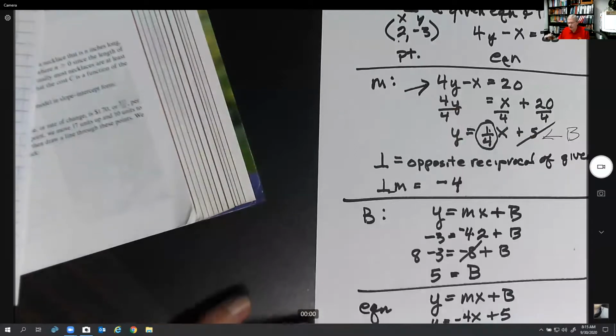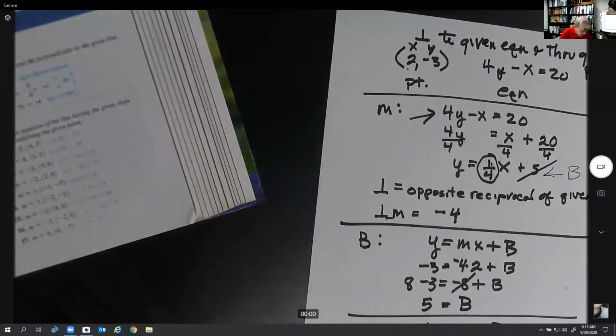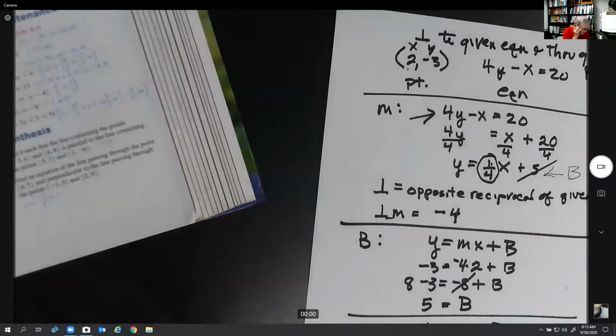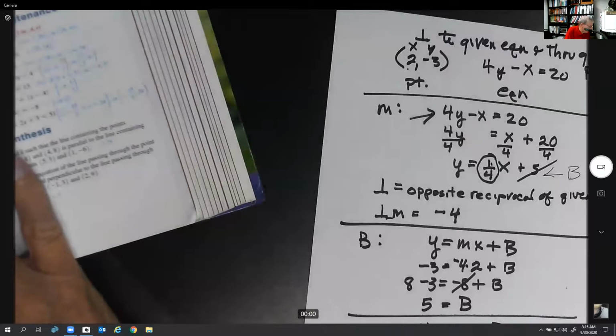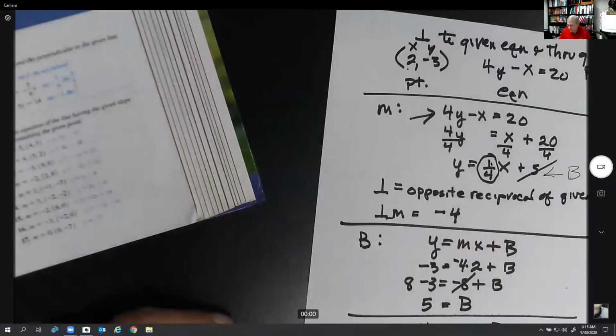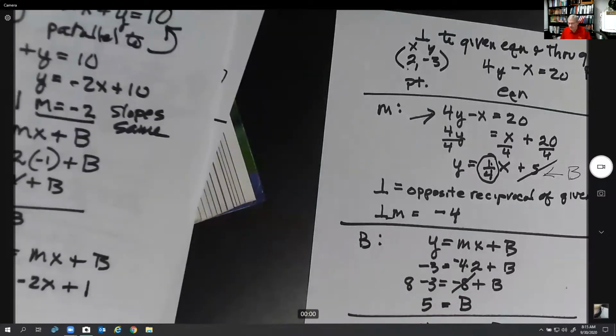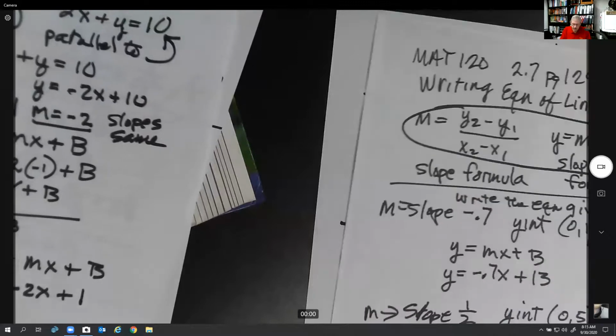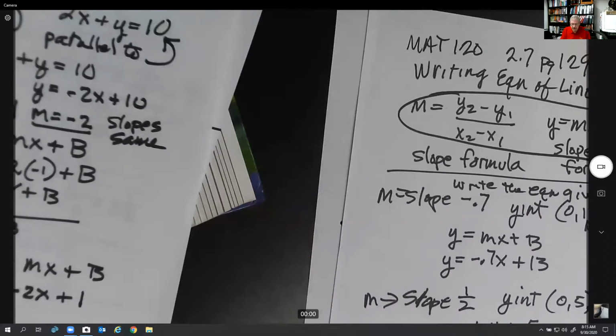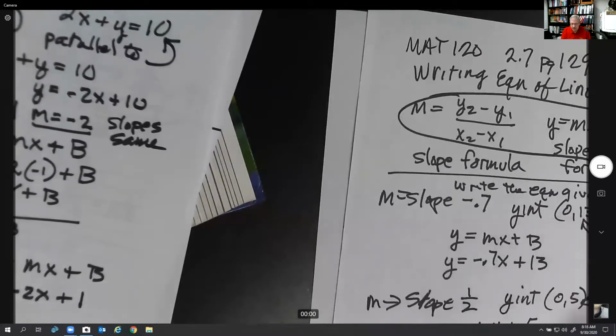Okay, is there any particular problem you'd like to see, maybe off the assignment? You could try or whatever. There's quite a bit of information here that we went over in a pretty brief time. We learned how to write an equation given just the slope and the y-intercept.